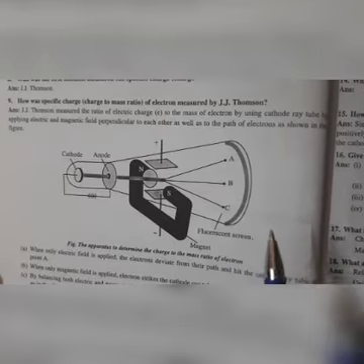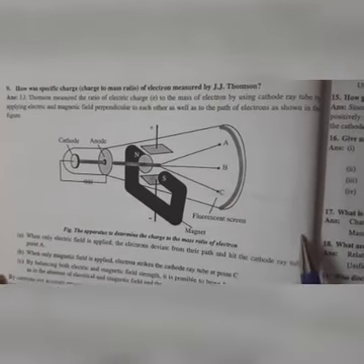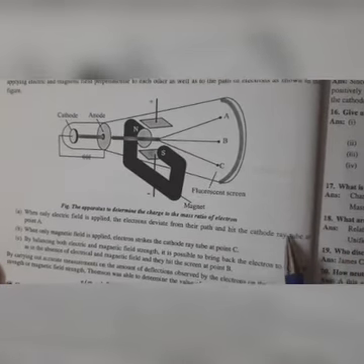Based on this, J.J. Thomson gave the charge to mass ratio of an electron, which was found to be e/m equal to 1.75882 into 10 raised to 11 coulomb per kg. So by carrying out this experiment, he was able to give the charge to mass ratio.